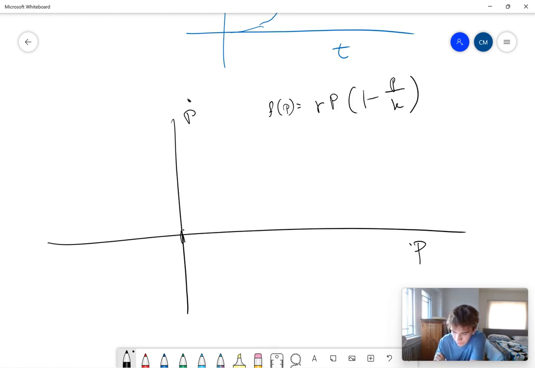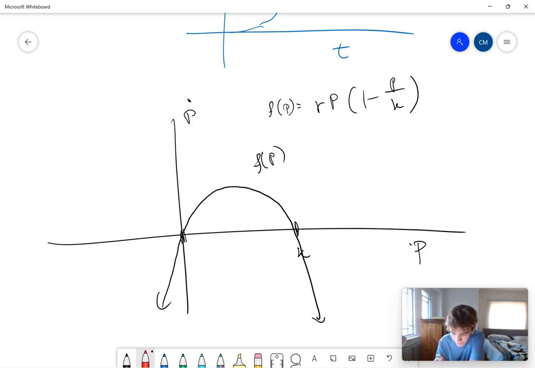All right, and now we're going to have this parabolic curve, f of p, and we're going to see that, again, we have negative, positive slope, unstable, stable, and flow is going to be in this direction. It's a stable one, and then on this side, you can see the graph is negative. It's going to flow to the left towards the stable fixed point. Okay, and I'm not going to worry about the region where population is negative because that doesn't make physical sense.